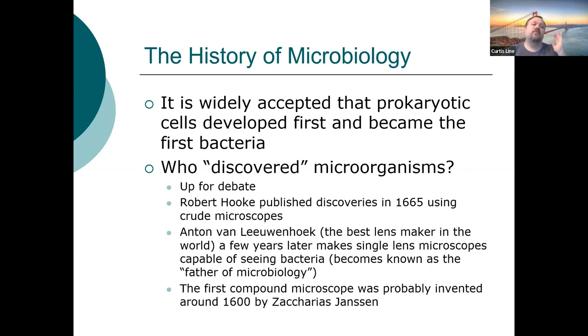Now, here's the thing about Robert Hooke, okay? He was very arrogant. He was very full of himself. And people don't really like that. We don't like it nowadays, and we didn't like it 400 years ago, right? Really, the scientific community hasn't changed a lot in terms of this stuff.